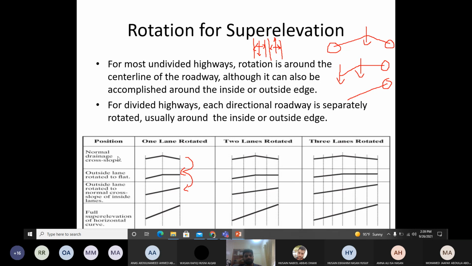So 67% of this transition from normal slope to full slope elevation commonly happens on the tangent, or at least 60% and maximum 80% of it.